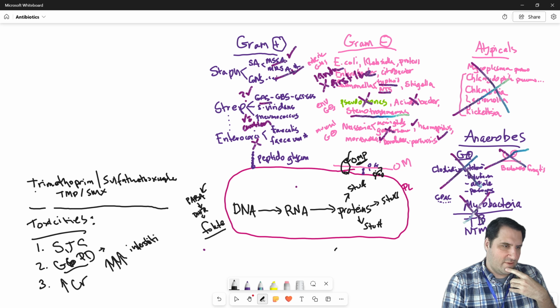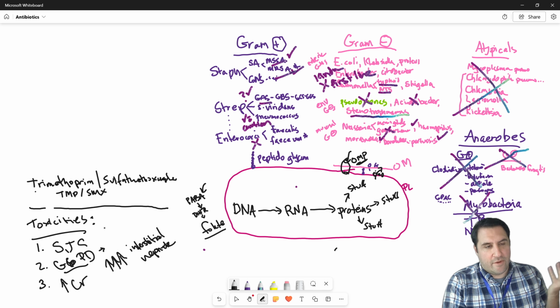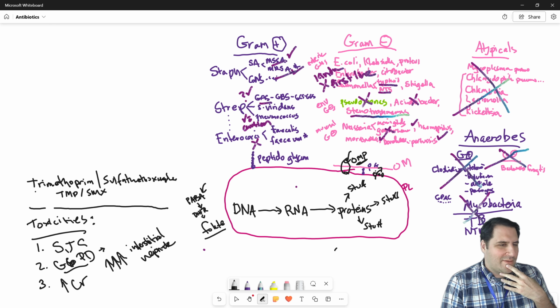Interstitial nephritis can happen with any antibiotic. So it's not specific to trimethoprim sulfa, although it is certainly one of the more common instigators, penicillin being another. But just about any medication can be linked to interstitial nephritis, so be aware of that if your creatinine's really going up.